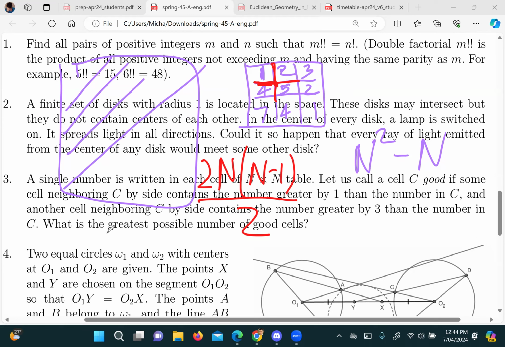If you sum up all the good cells, if you call G the set of good cells, and I'm going to abuse notation and write the cell as the same as the number that goes in the cell, then if I summed up all the numbers in the good cells, right?